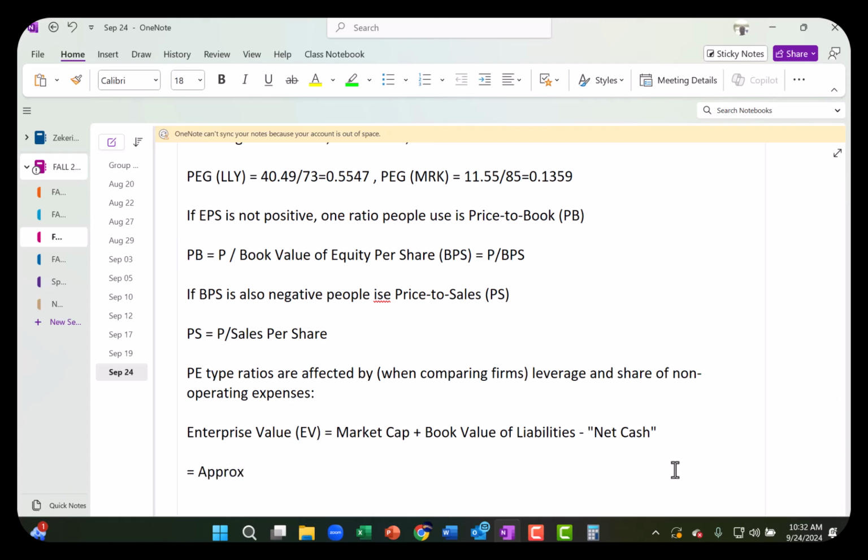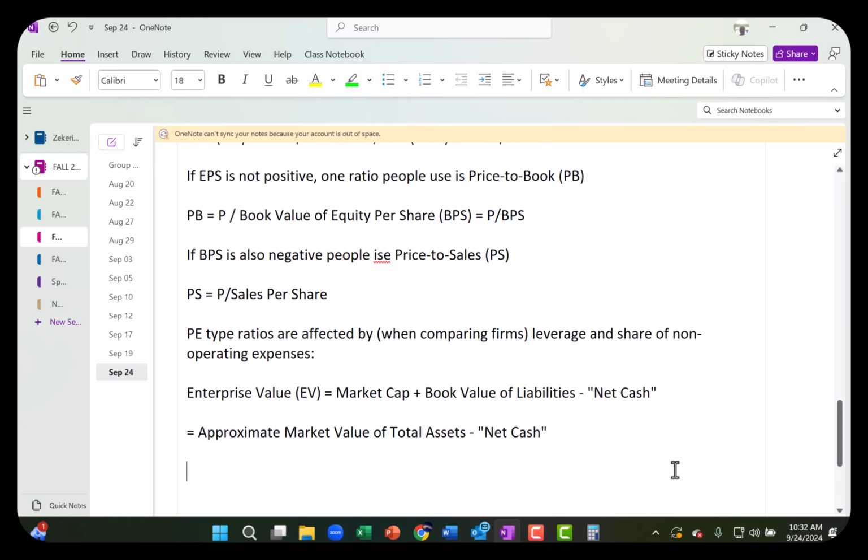Approximate market value of total assets minus net cash. Again, whatever that net cash may mean. Different analysts use different ways of doing it. So if you use the published number for enterprise value, make sure you know how they calculate.